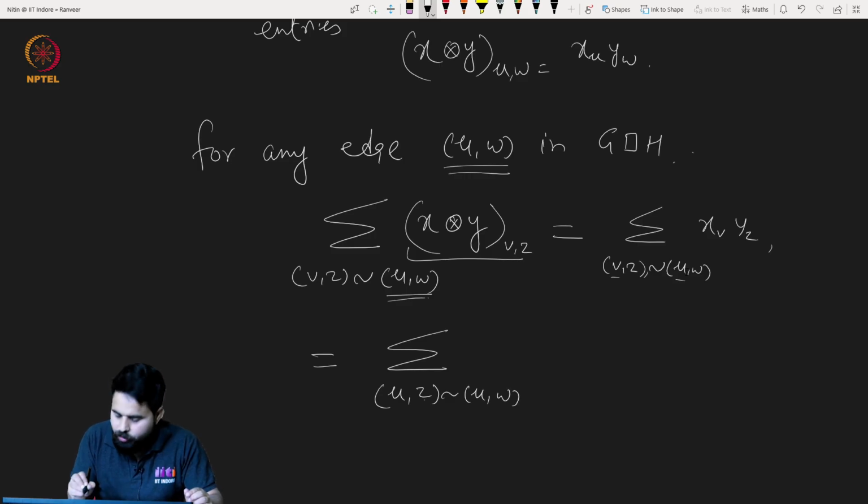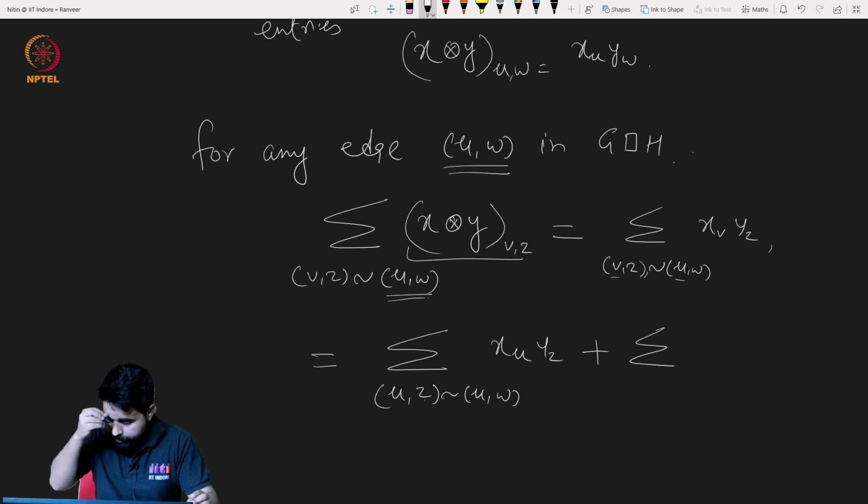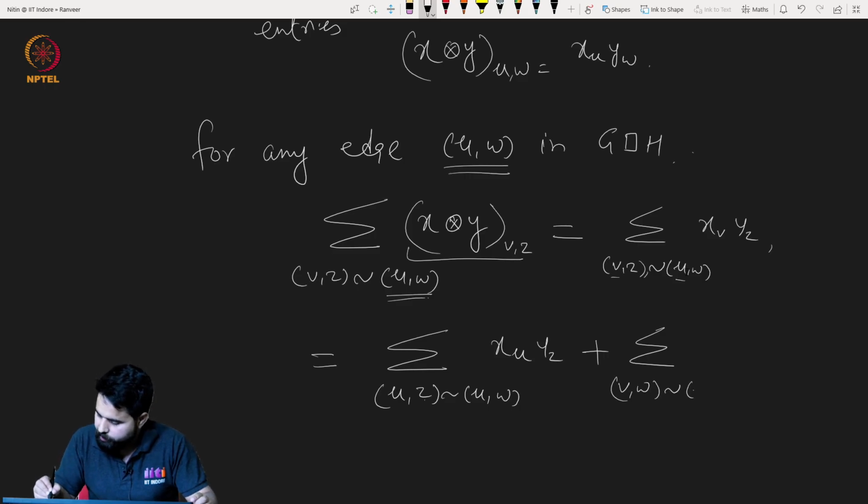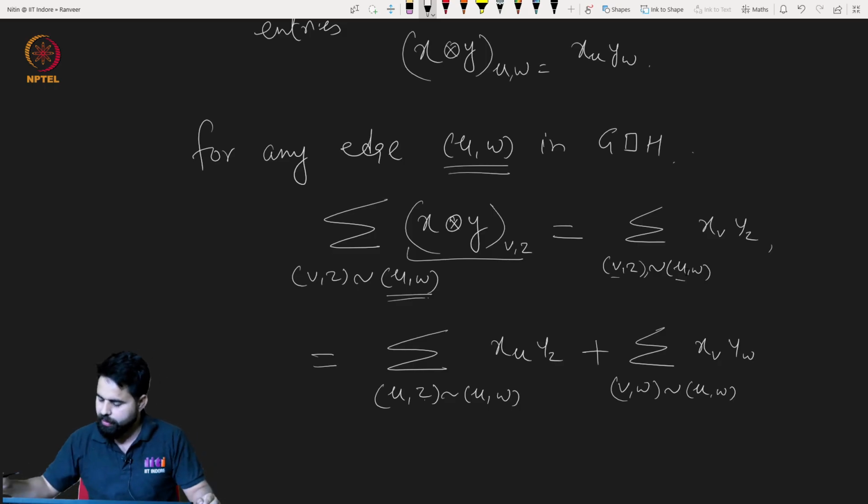In that case, z and w must have an edge, due to the definition. So in that case the term is x_u y_z. Similarly, another term: suppose the second coordinates are the same, so the vertex is (v, w), and then v must have an edge with u. So the term will be x_v y_w. Very simple thing.